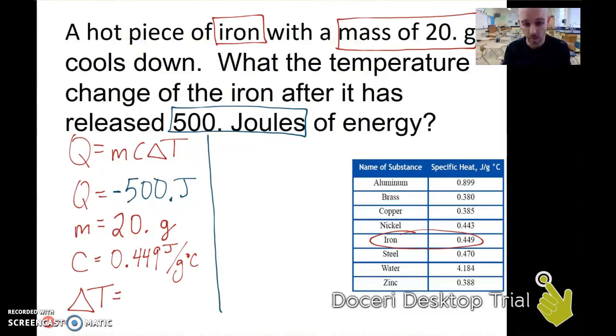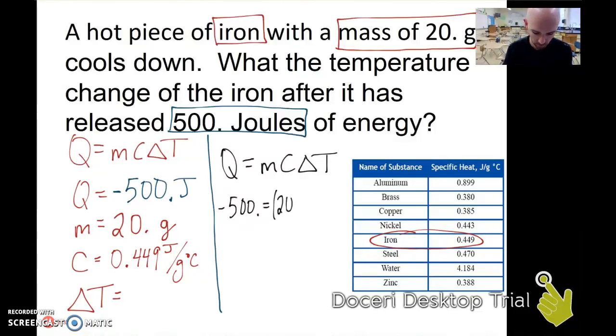All right, so if we plug in as we solve this, again, I'm still using the original equation, Q equals mc delta T. But this time for Q, on the left, I'm going to plug in negative 500. For my mass, I've got 20 grams. For C, I'm saying 0.449.